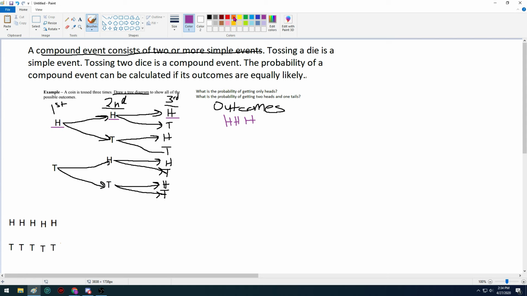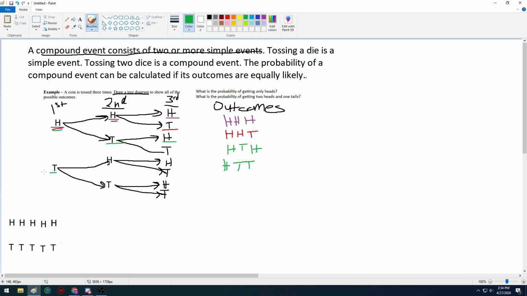The other outcome, we're going to do this one in red, we go from heads to tails. So you have head, head, tail. And we keep following this along for every outcome we had. So again, starting with heads, then we go to tails this time. So we have heads, tails, and go back up to heads. Again, heads, tails, tails.